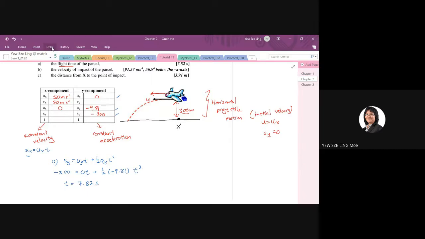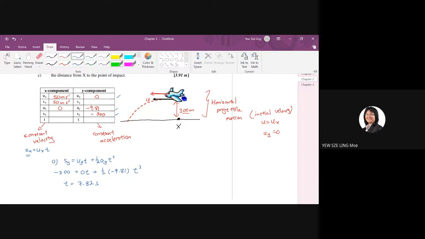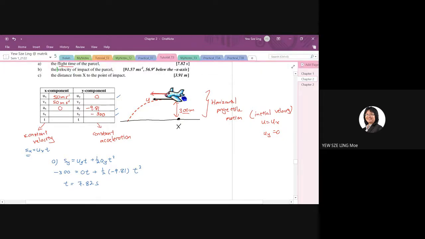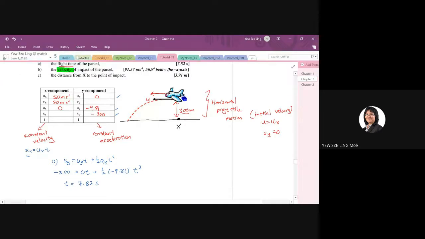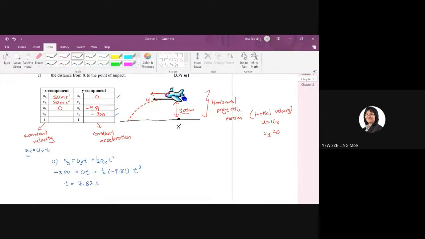And let's look at number 2, question B. If you look at the question, it just mentions the velocity of impact of the parcel. It didn't mention whether it's a vertical component or a horizontal component. So in that case, what are we going to do?